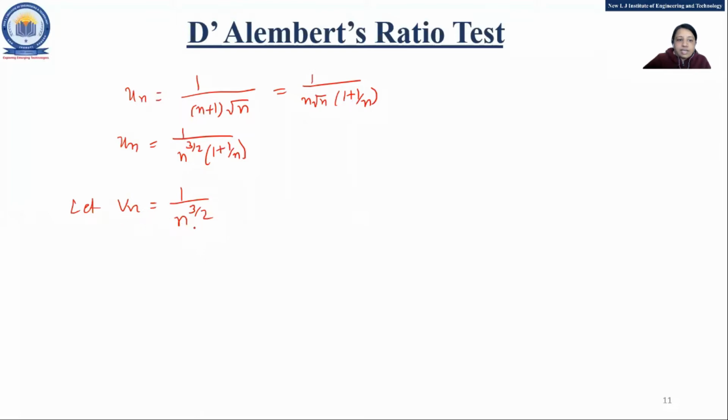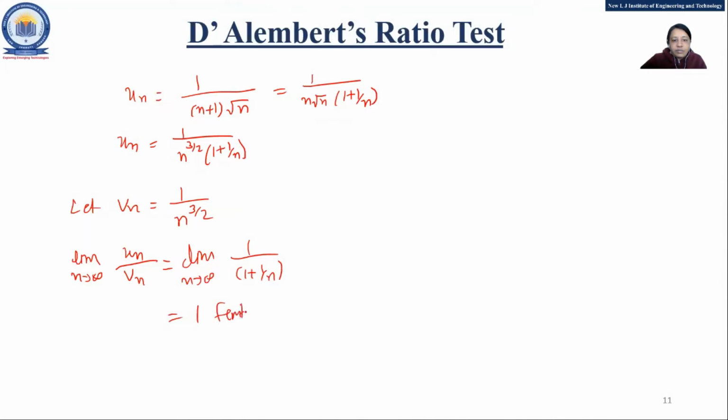Now what you are supposed to find out is limit n tends to infinity un upon vn. This term is supposed to cancel out. So you will have limit n tends to infinity 1 upon 1 plus 1 by n. Fine. And the answer of this is 1, which is finite and non-zero.